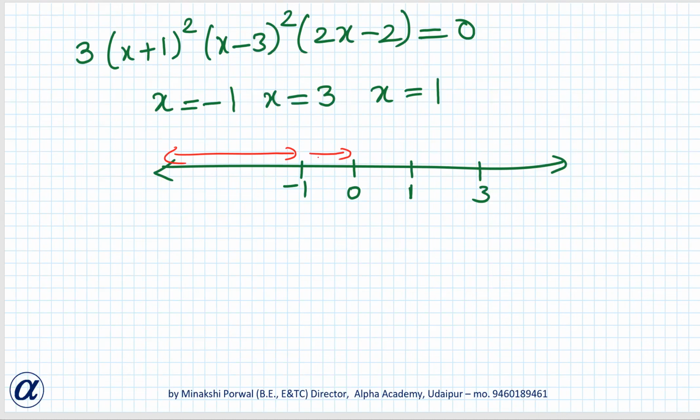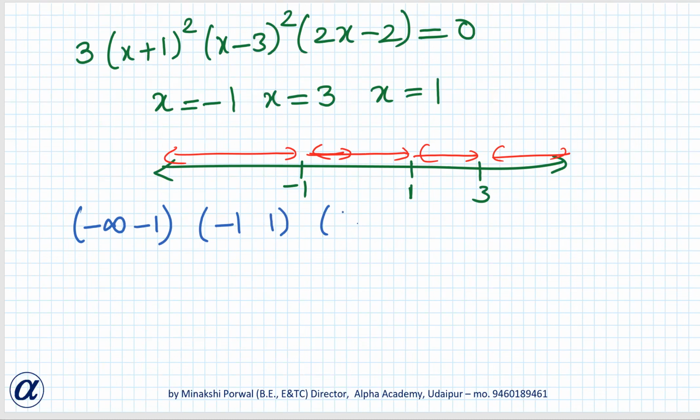Okay, 0 is not a point, so we don't have to consider it. -1 to 1, 1 to 3, and 3 to infinity. Okay. So these points divide the real line into disjoint intervals: -infinity to -1, -1 to 1, 1 to 3, and 3 to infinity.